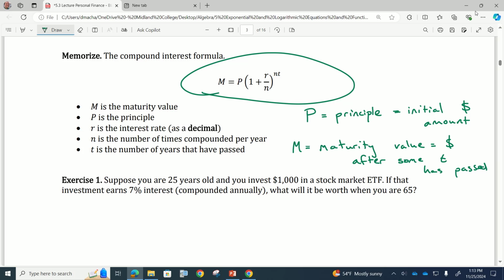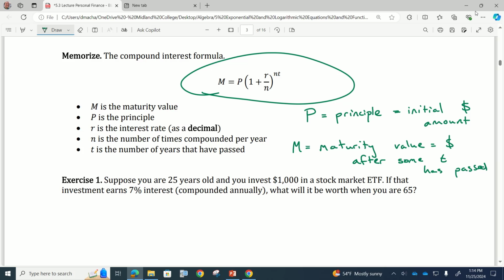The little lowercase r is your interest rate, but I'm going to always tell you what the interest rate is as a percent, because in real life people talk about interest rates as a percent. You might say, oh, my home mortgage has a 4% interest rate. But in this formula, you have to write that lowercase r as a decimal, not as a percent. N, the lowercase n in the formula, that's the number of times you're going to compound the interest every year.